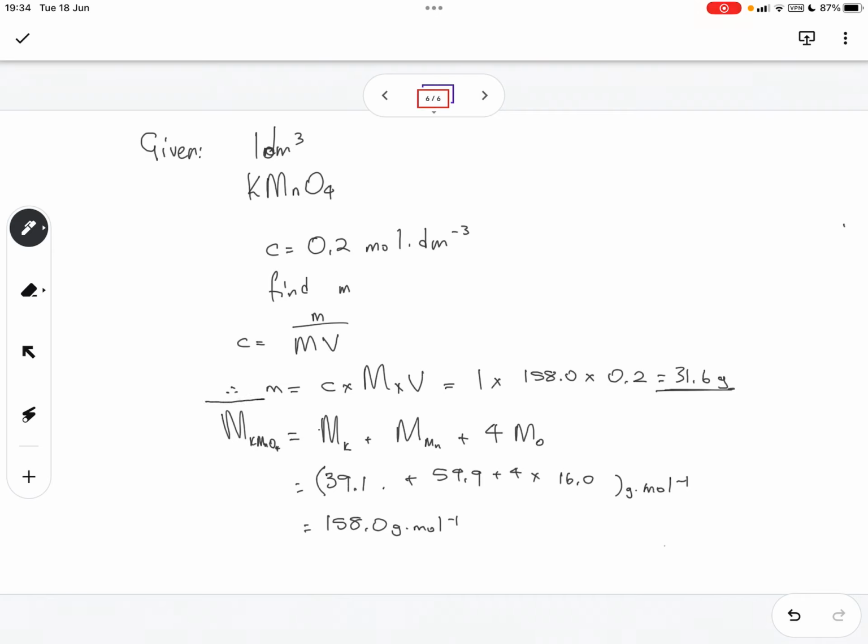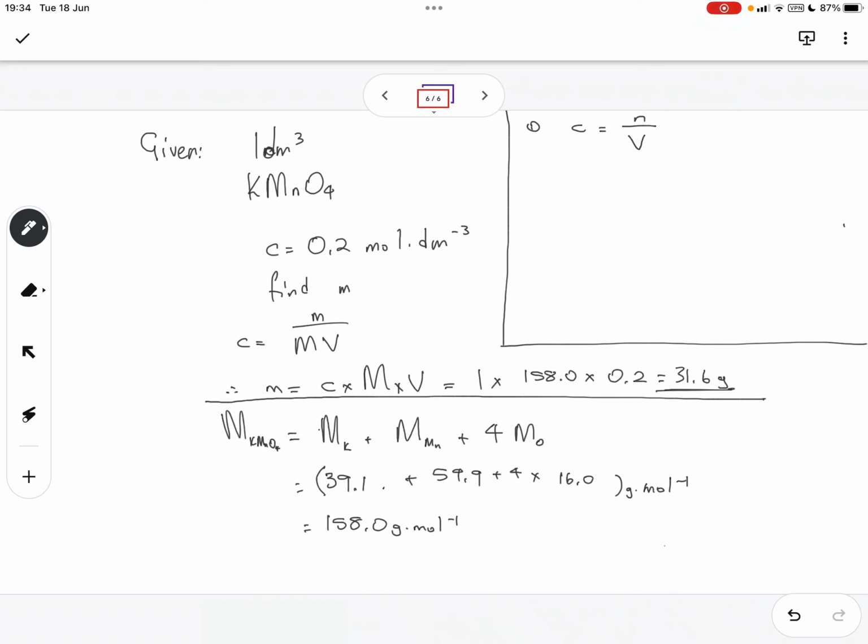So I just did it directly. I worked it out directly. In our learning guide, how it's worked out, step 1, using the concentration equals number of moles divided by volume formula, then the number of moles is the concentration times volume, which is 0.2 times 1, which is 0.2 moles.